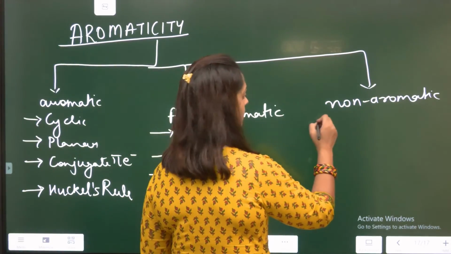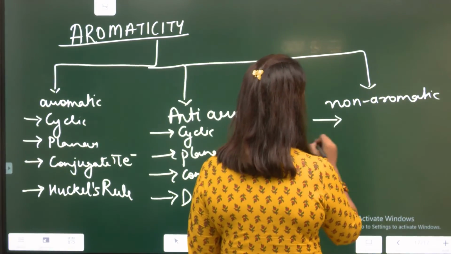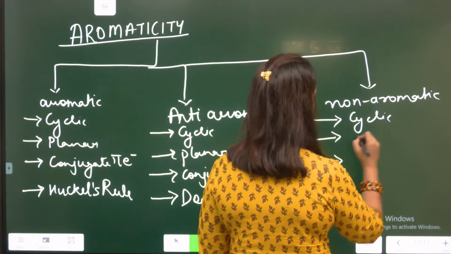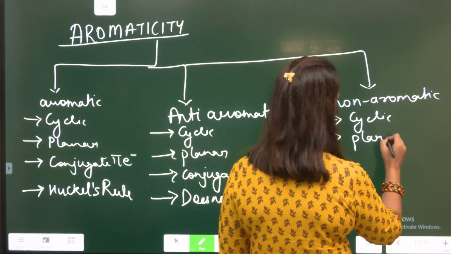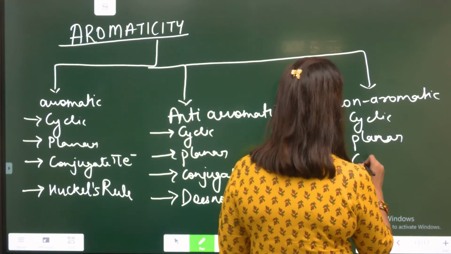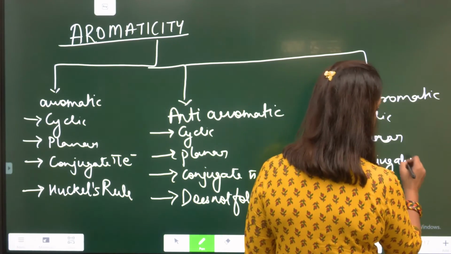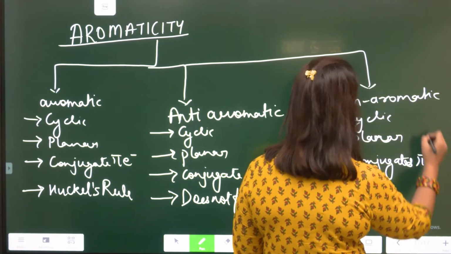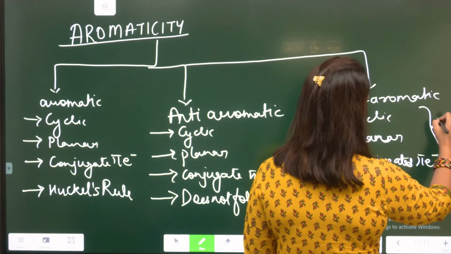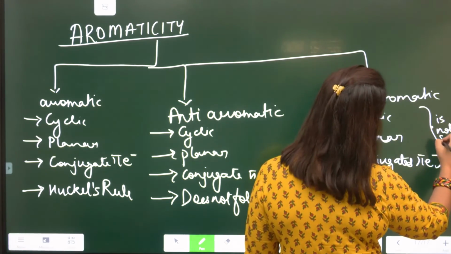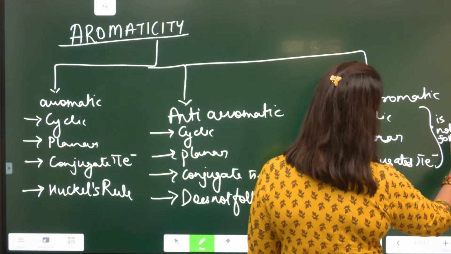And in the case of non-aromatic, the three rules, that is cyclic, planar and conjugated pi electrons, are not followed, either two or all of them or only one of them.